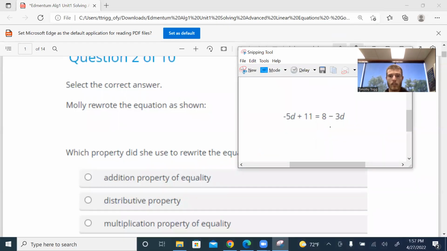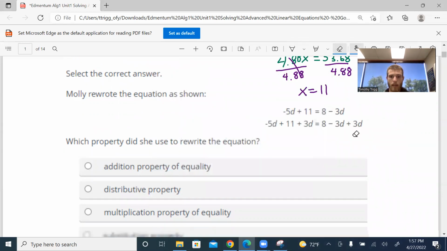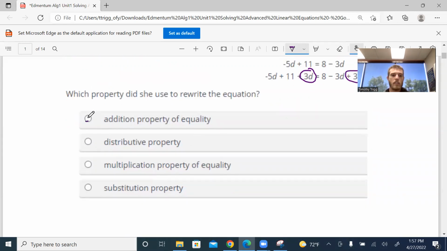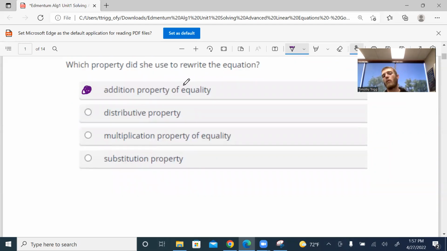So what I would do first is add this 3d to both sides of the equation. And you see, that's what they did as well. They added 3d to both sides. So what property allows us to do that? That's the addition property of equality. If you add to both sides, that's the addition property of equality.